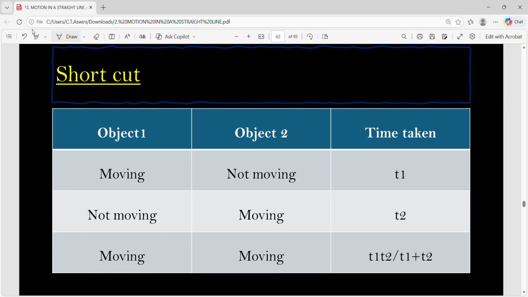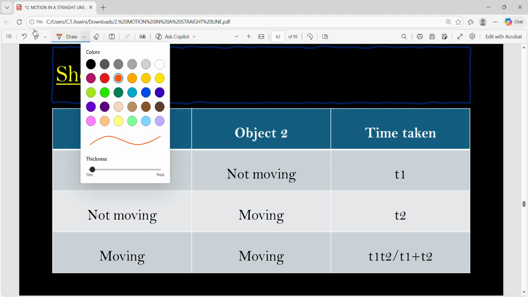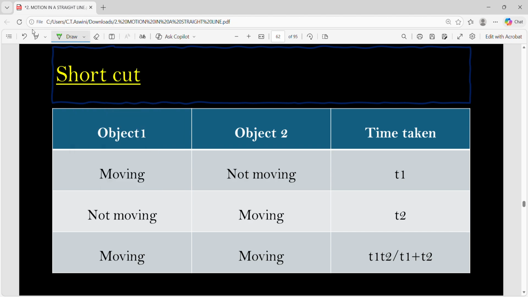Now we'll see one more concept. You might have been aware of these kind of questions, like there will be an escalator and there will be a man. They'll say when the escalator was moving and the person is not moving, then the time taken is t1.